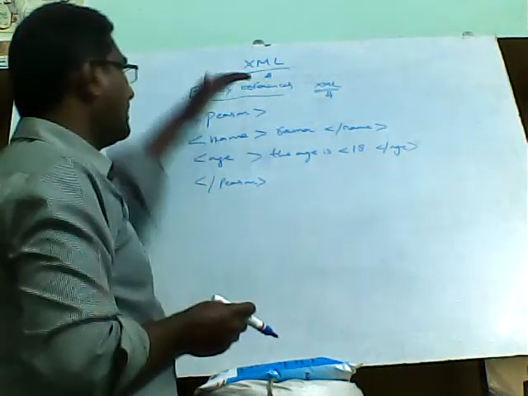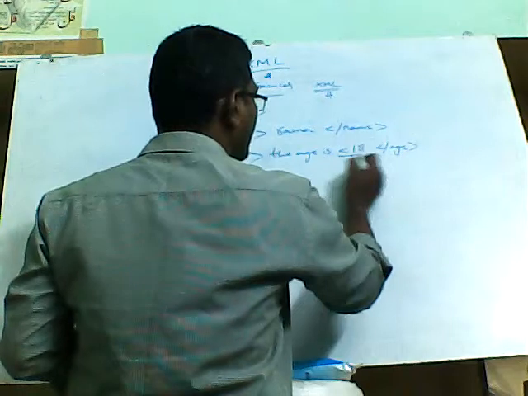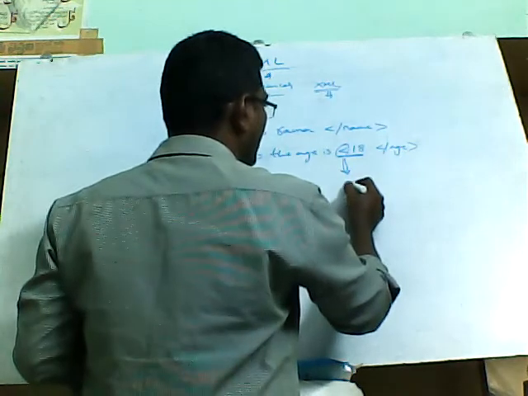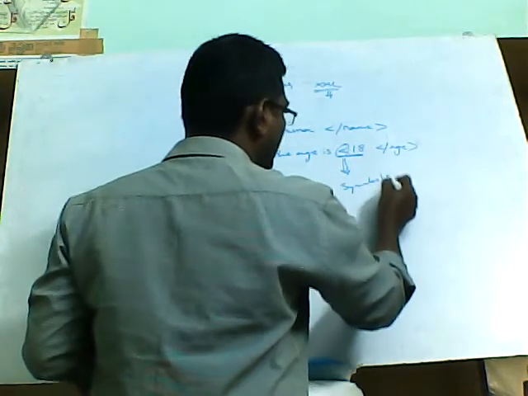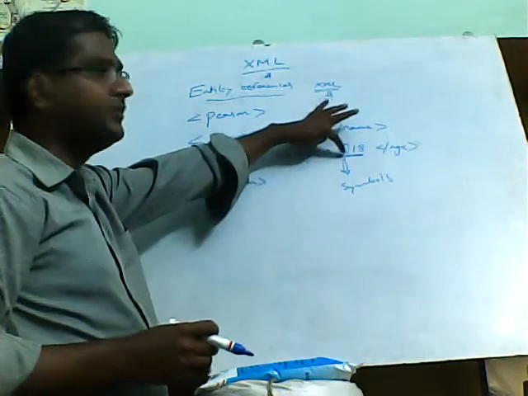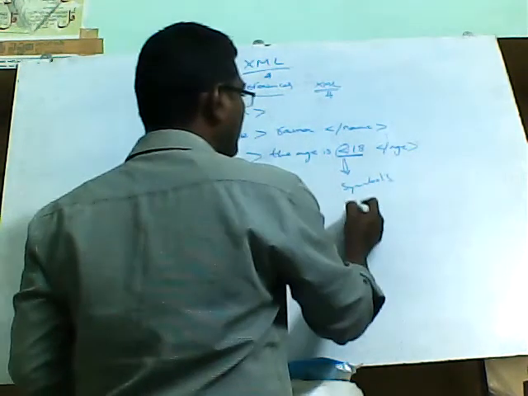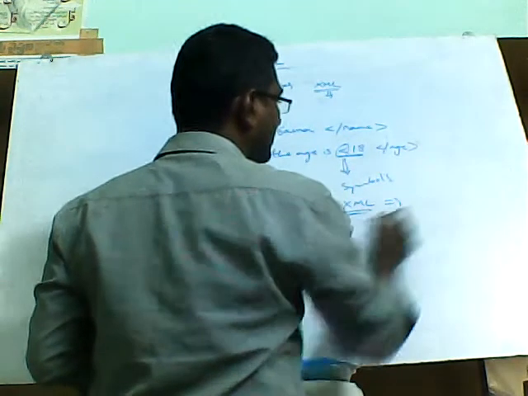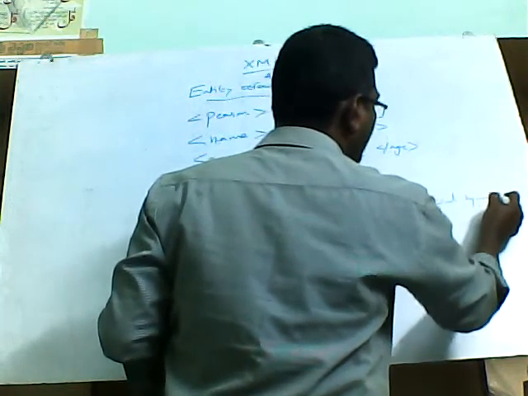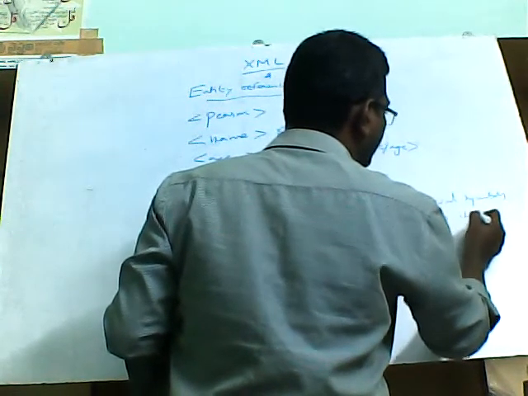If you write the XML document like this, here we are using less than. Less than is some symbol, some special character. In XML, using these special symbols and special characters is illegal.